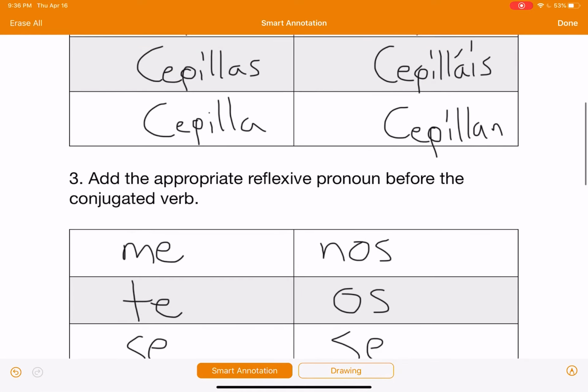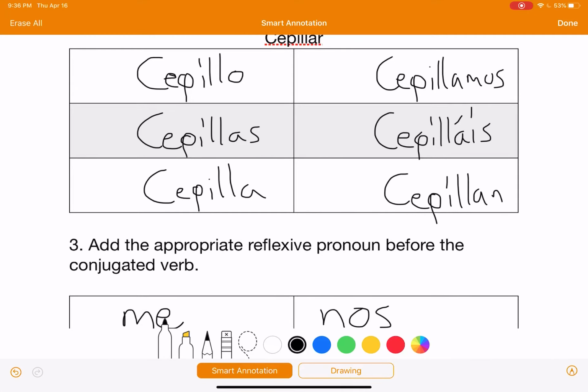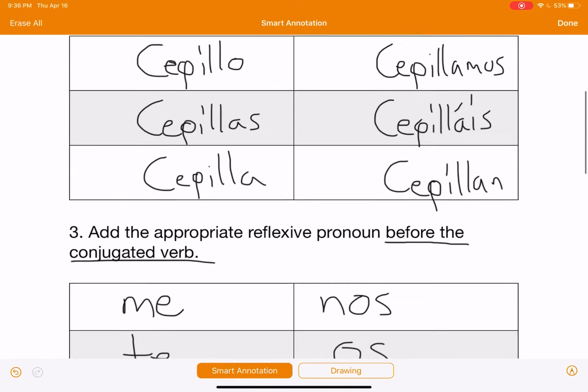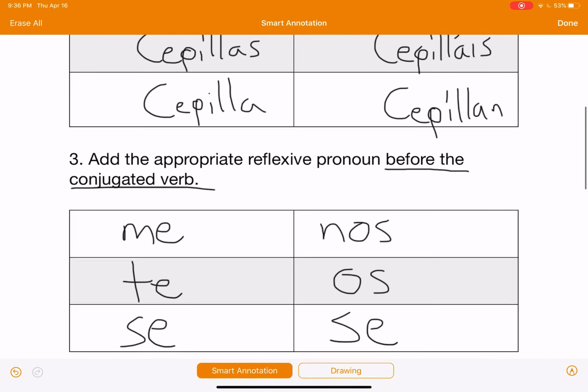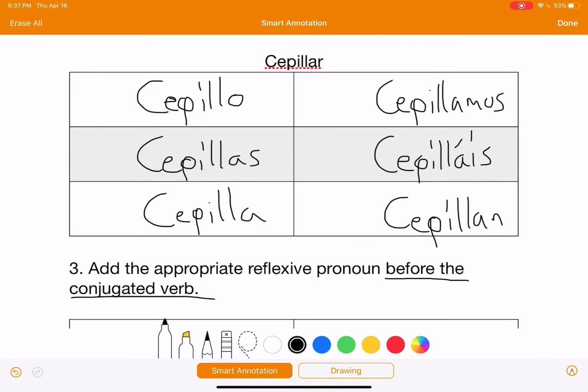So all I have to do now is go back up here. In step 3, it says add the appropriate reflexive pronoun before the conjugated verb. So I'm taking these and adding them before my conjugated verb. For yo, I say me cepillo.